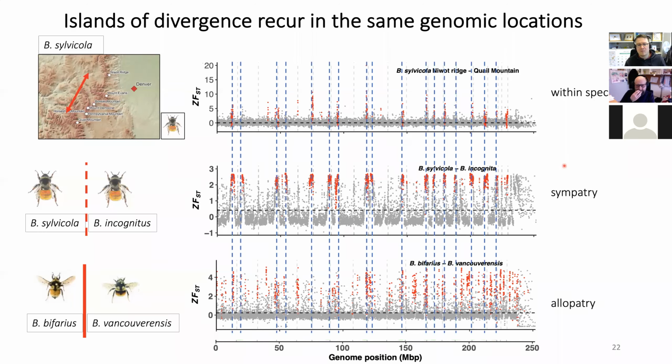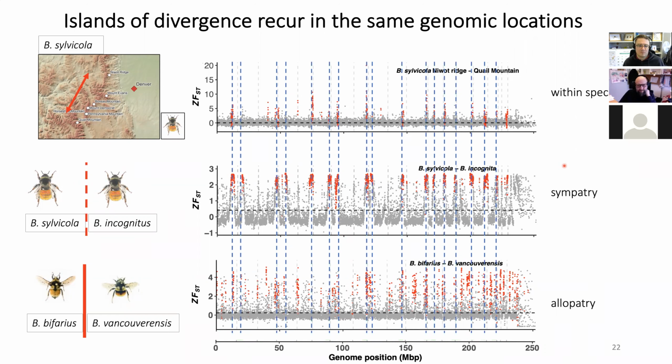So it seems that there's something inherent in the architecture of the genome that's causing the same regions to diverge faster in multiple independent comparisons.